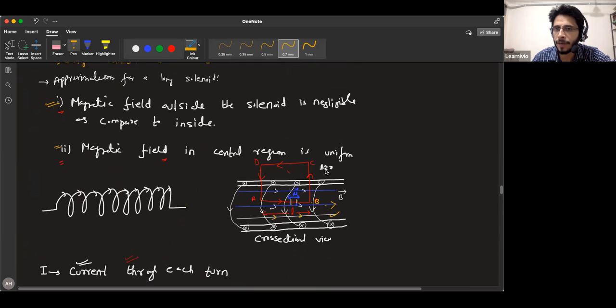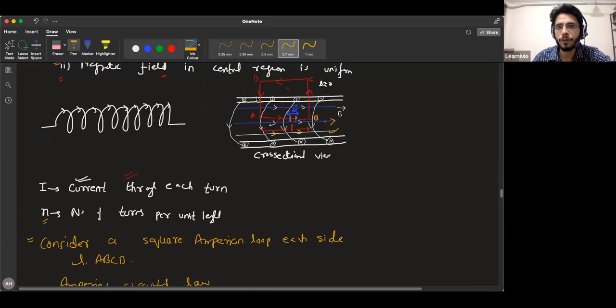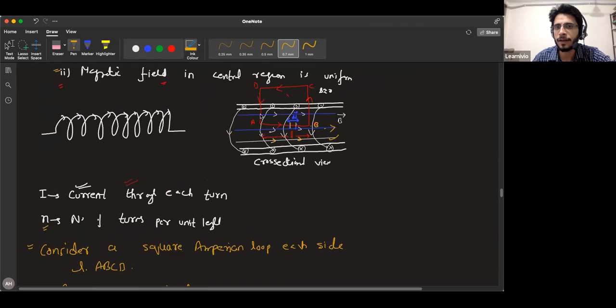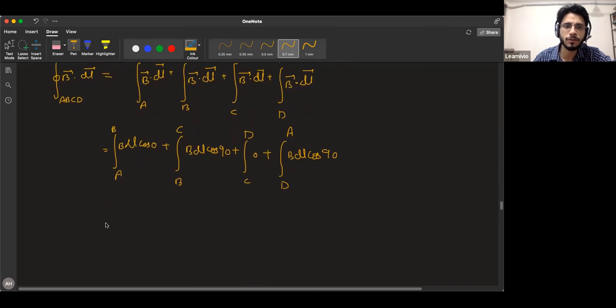Outside the solenoid, the magnetic field is 0, so this integral is also 0. Then from D to A, the magnetic field and dl element are perpendicular, so it's B dl cos 90. This is 0, this is 0, and A to B is B dl.